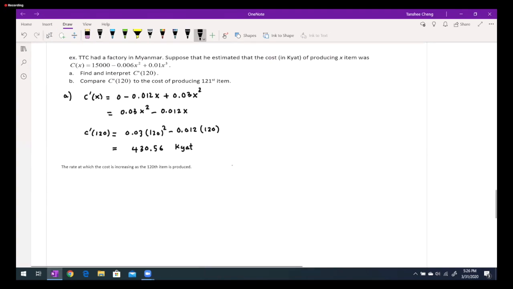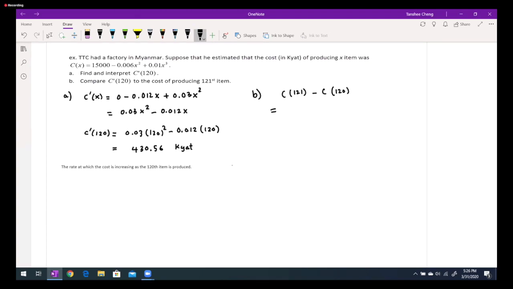That basically means I need to find the cost of the 121st item minus the cost of the 120th item. So from the 120th item to producing the 121st item, what is the change in the cost? That would tell me how much it's going to cost.